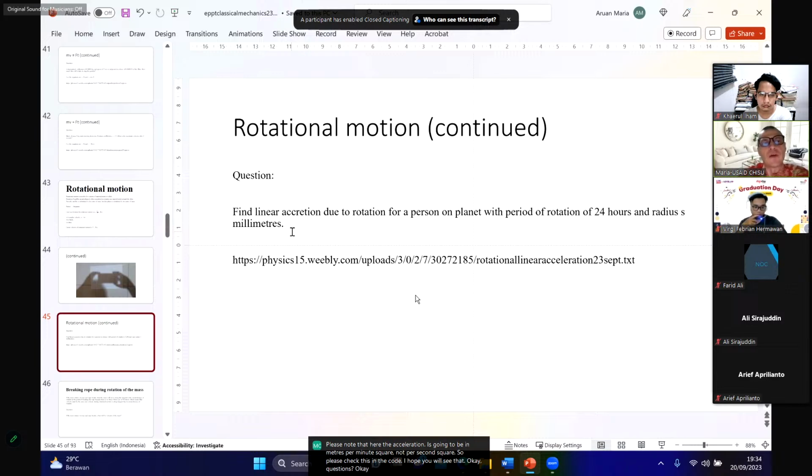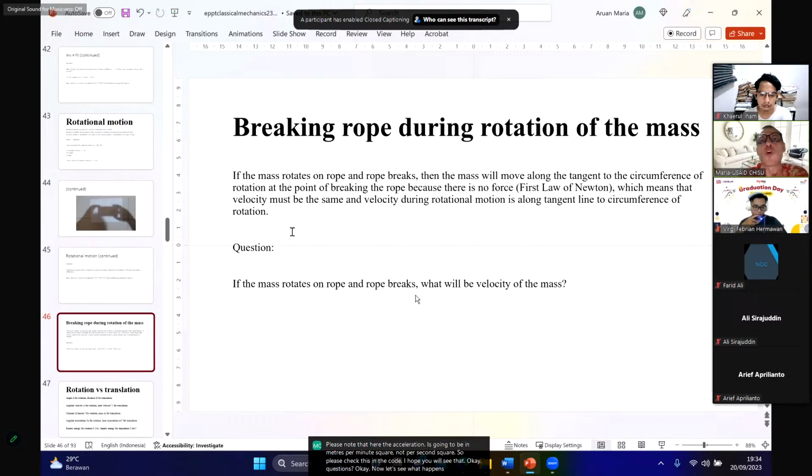Okay, now let's see what happens if the rope breaks during the rotation. What do you think will happen if I rotate something and suddenly the rope breaks, where will the mass fly? What do you think?